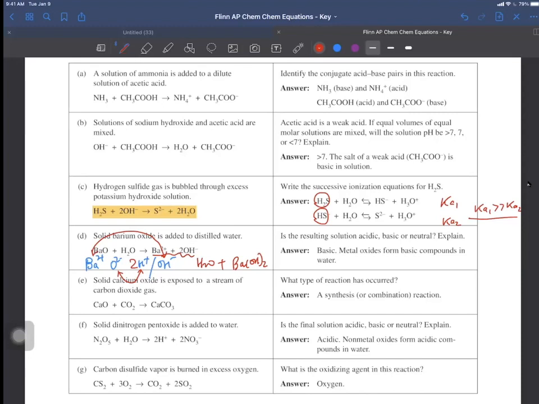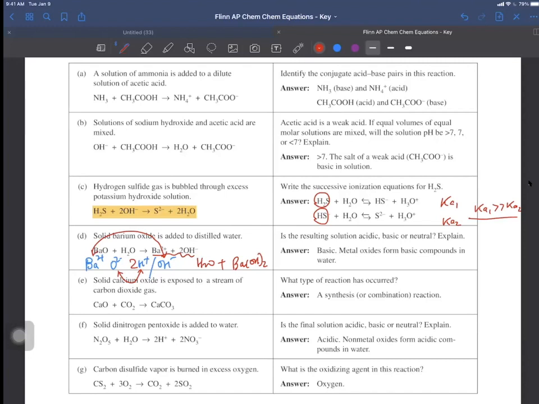So Colin, back to my suggestion. If you didn't understand this, actually this is a very good question, but your original question, what is successive ionization equation, is not a good one, right? You should ask, why does it not dissociate in one step? Why does it have to be in two steps? This is a good question.